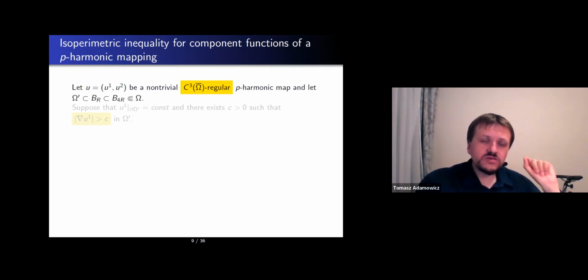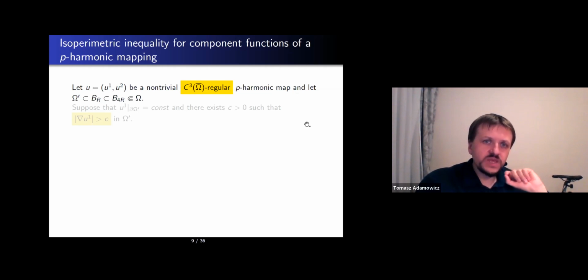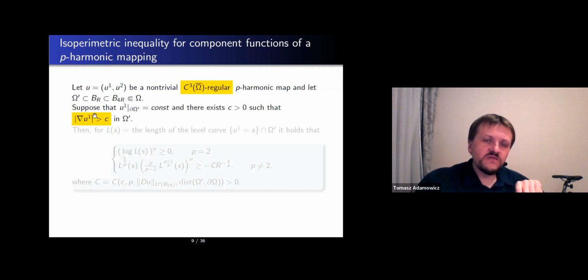So for such mappings, or more precisely for a component function, we can prove the isoperimetric inequality under slightly stronger assumptions compared to Alexandrini and Longinetti's results. We need to assume that the map is C^3 and defined on a subdomain of a domain, and that the gradient is separated from 0.